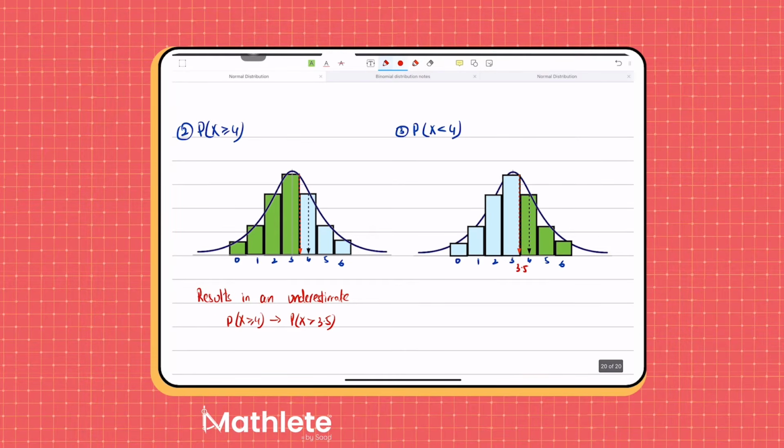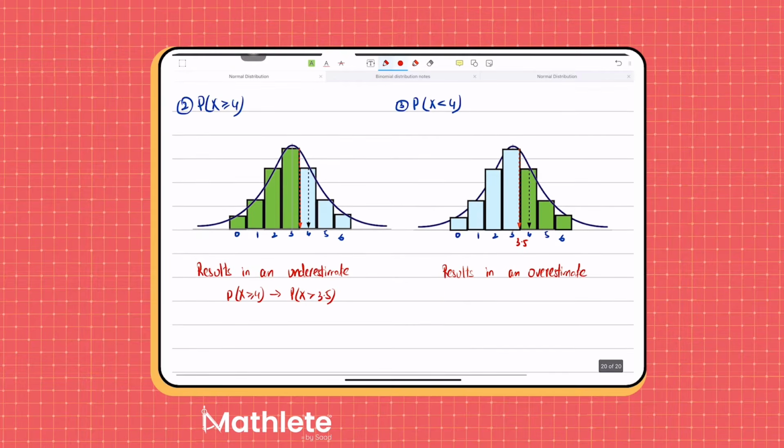That's correct. So why do we convert? That's because if we don't, in this case, this results in an overestimate. So once again, if you're given the probability of x being less than 4, you calculate the probability of x being less than 3.5.